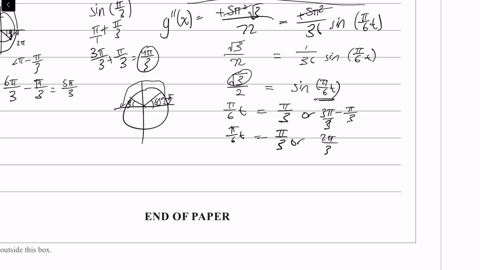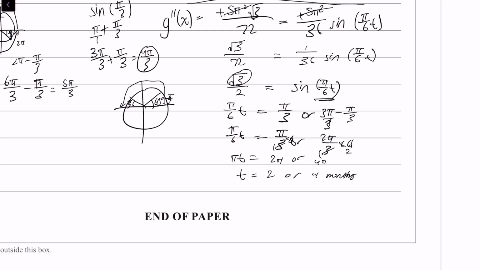Okay, and then multiplying by 6 on both sides, pi t equals 6. This will be double 2 pi, or times by 6 here, that'll be 4 pi, and then t is equal to 2 or 4 months.